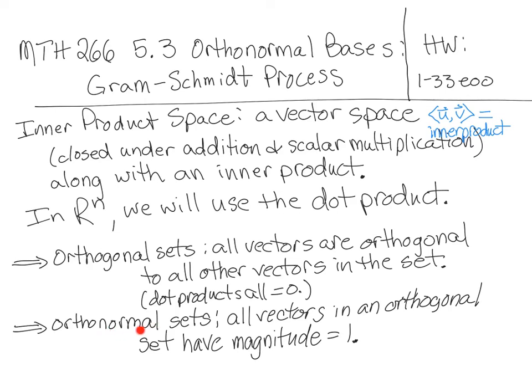Orthonormal is when we take that orthogonal set and normalize every vector in the set. In other words, we find its magnitude, and 1 over the magnitude is the scalar multiple, and we get a magnitude of 1 for each of those vectors.